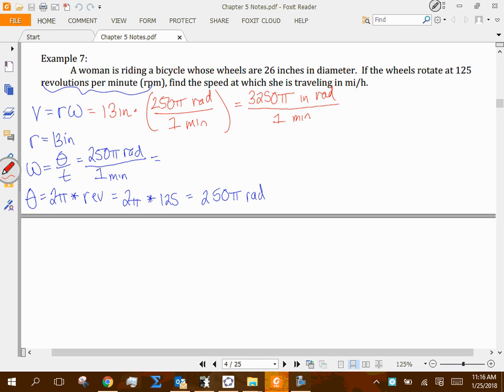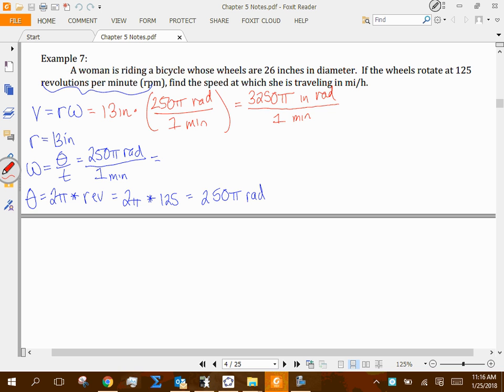Now, if I look at that, we have a linear velocity, a speed. So maybe the speeds that you guys are most comfortable with are like miles per hour, right? Okay, so we got something like that, but it's in inches and minutes. Do I ever have miles, radians per hour? No. Okay.